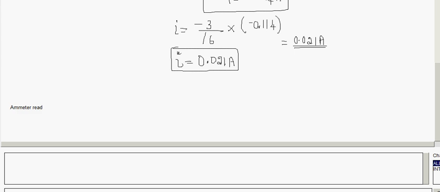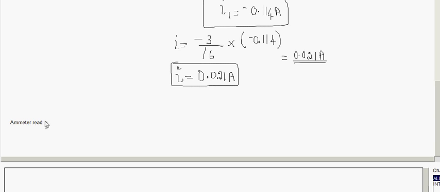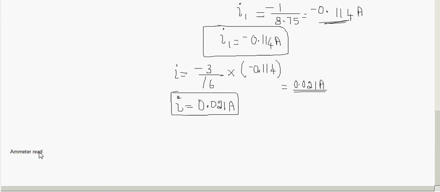Ammeter reading is equal to I minus I1, which is equal to 0.021 minus minus 0.114. This will be equal to 0.135 amps.